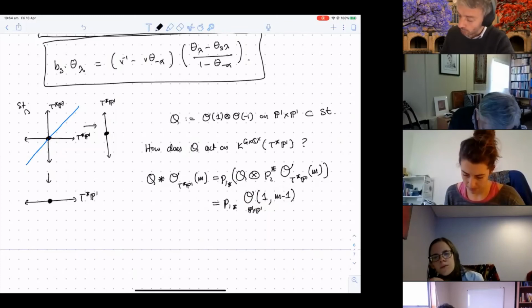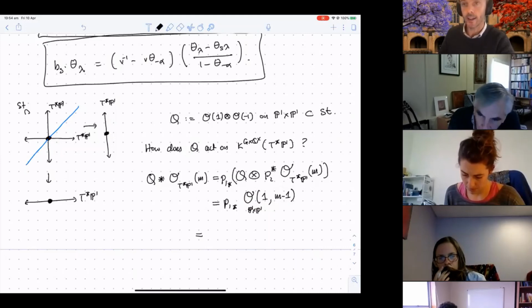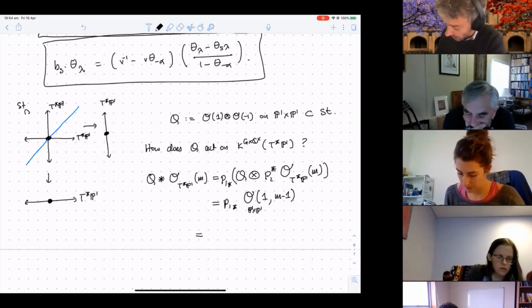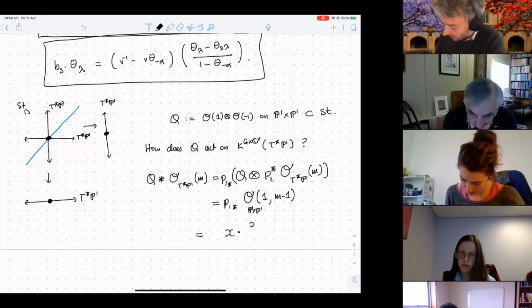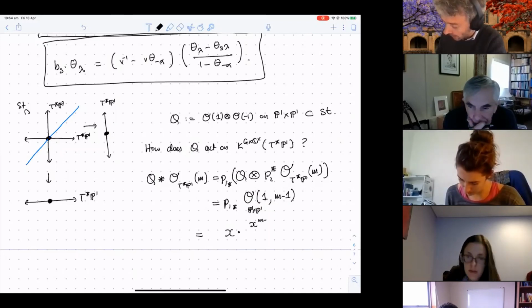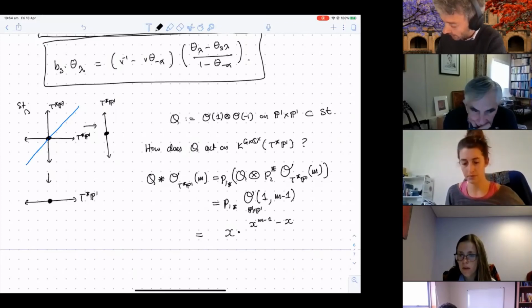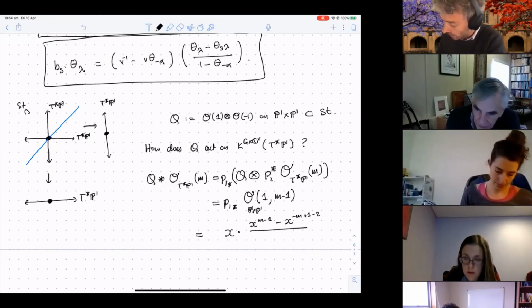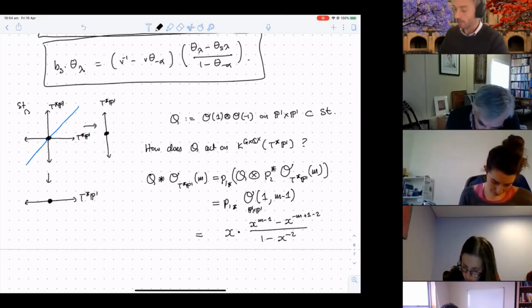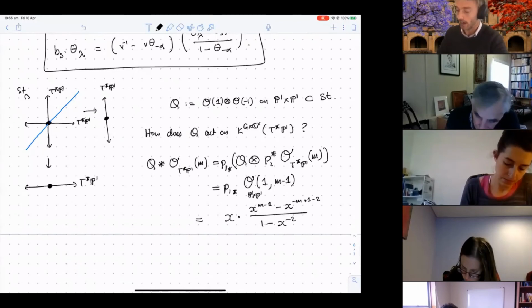And now when we push it forward, in the fiber we have a P1, and on that P1 is the bundle O of M. And so what we get is x times x to the M minus 1 minus x to the minus M plus 1 minus 2, all on 1 minus x to the minus 2. Here I'm applying Weyl's character formula.